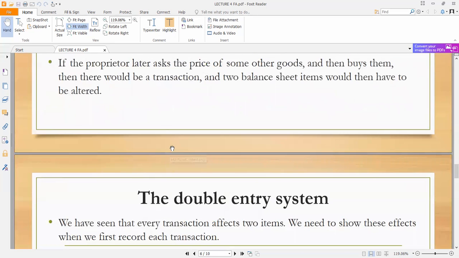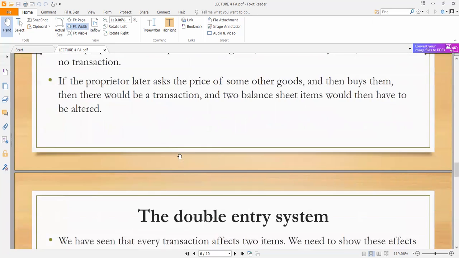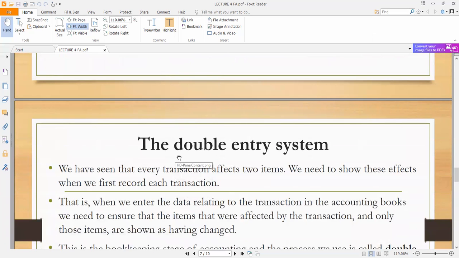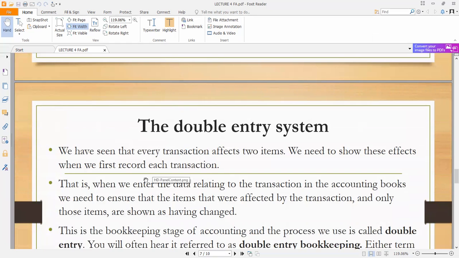Because of that, this concept introduces us to what we call the double entry system. We've seen that every transaction affects two items, right? We need to show these effects when we first record each transaction.